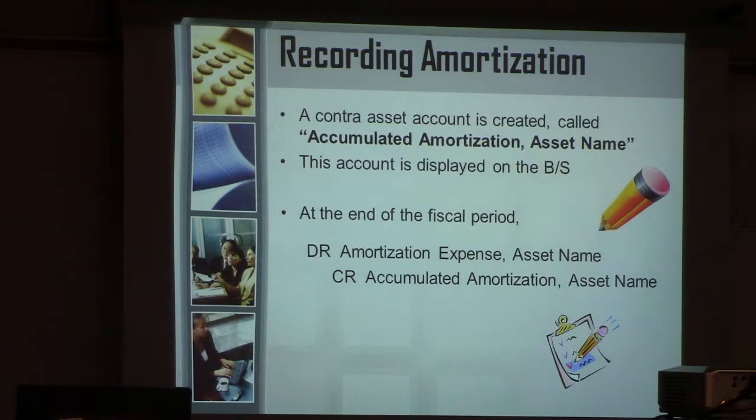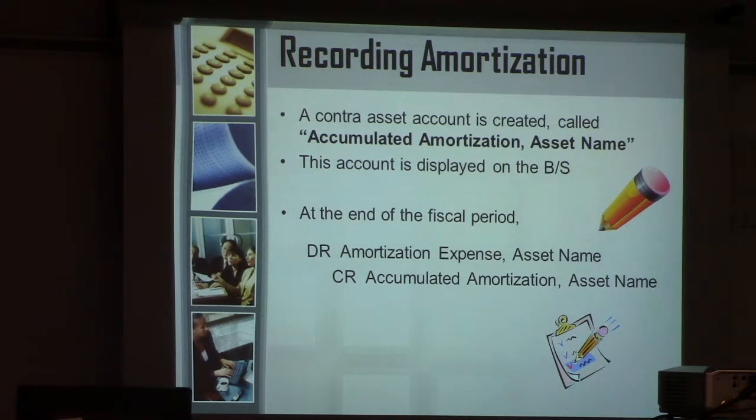How do you record amortization? As I mentioned, accumulated amortization is a contra asset account. Amortization expense is an expense account, and the amortization expense is simply debited to amortization expense of that asset, and you credit that same amount to accumulated amortization. You do not credit it to the asset.